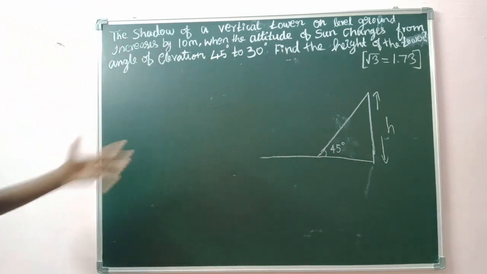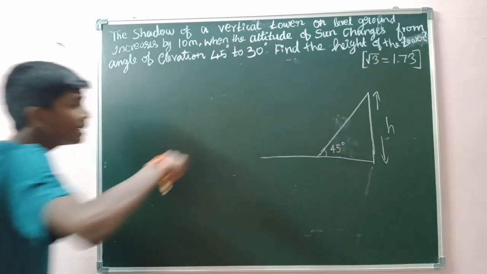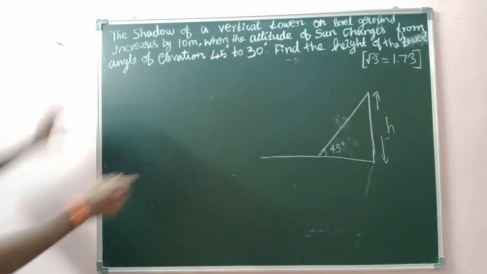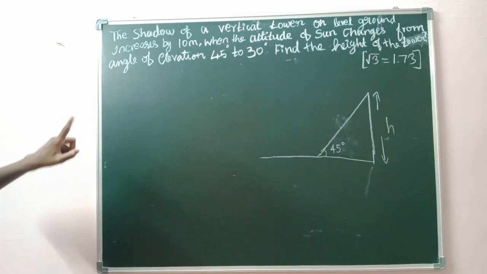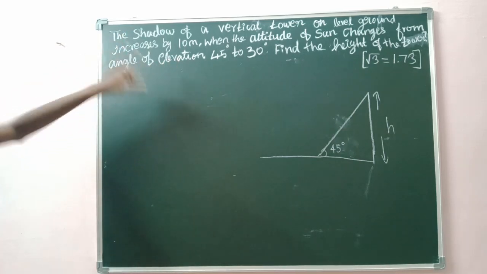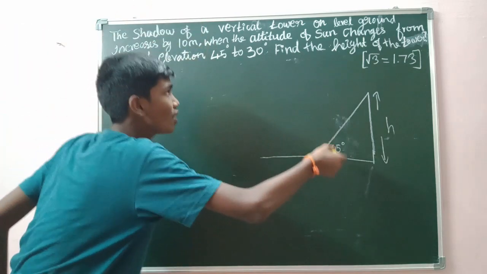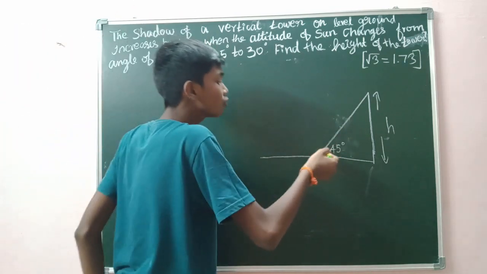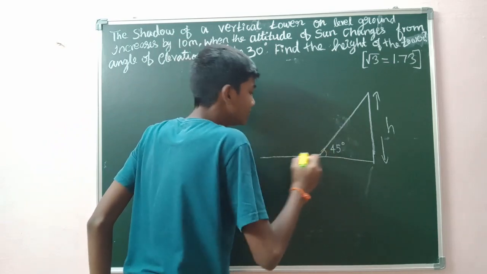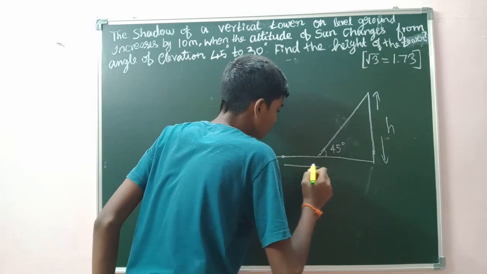And now the altitude of sun changes from the angle of elevation 45 degree to 30 degree by moving 10 meters. That is what is given in the question. So that means from this particular point, it just moves 10 meters.